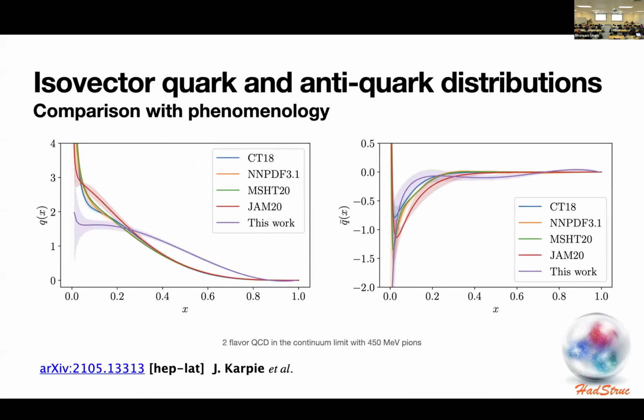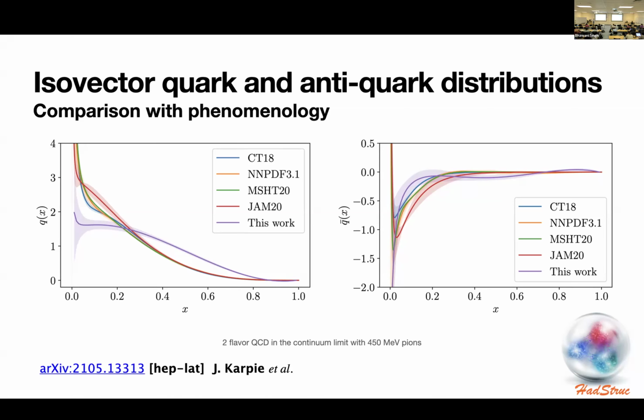If you do that, and I'm not going to write down the details of how this fitting goes, here is an example of the unpolarized PDFs that was done in an unphysical setup. The unphysical setup is that I have heavy quarks.